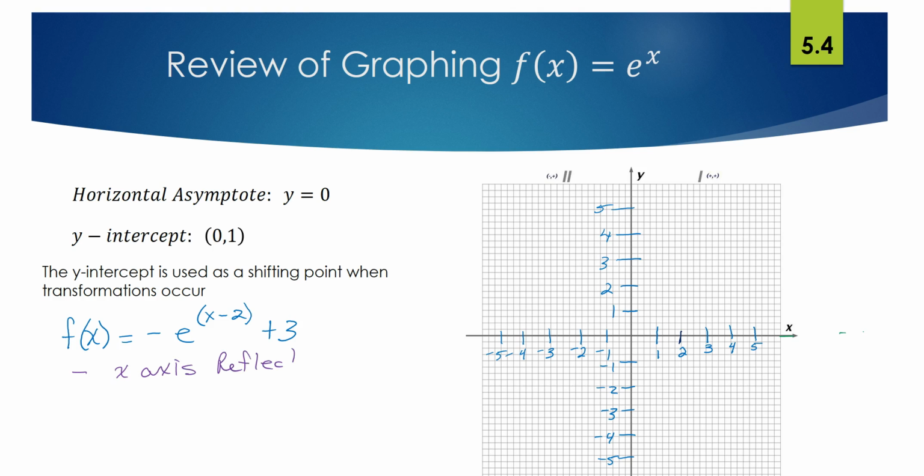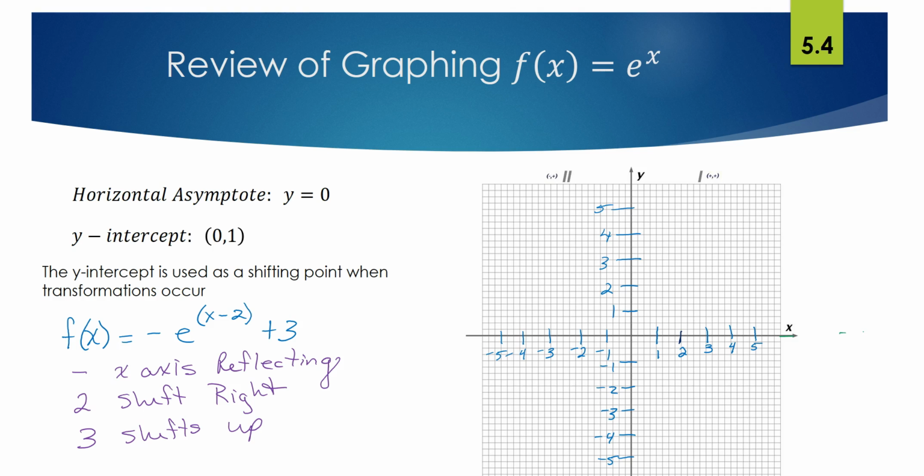So now this graph is skimming under the x-axis, and then the 2 is positive, and so it is shifting right 2 units. The 3, also positive, shifts up 3 units. So my asymptote, I'm going to wait to put it in at the end because it's going to actually shift up 3 units with that positive 3.